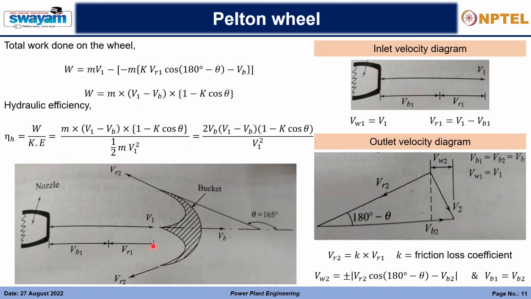So the blade is moving in which direction, from left to right, so the blade velocity will be in this direction. So maybe the blade velocity component may be up to here, or may cross this point, up to here, right? So it will depend. If it is up to here, the absolute velocity will be like this, from left to right.